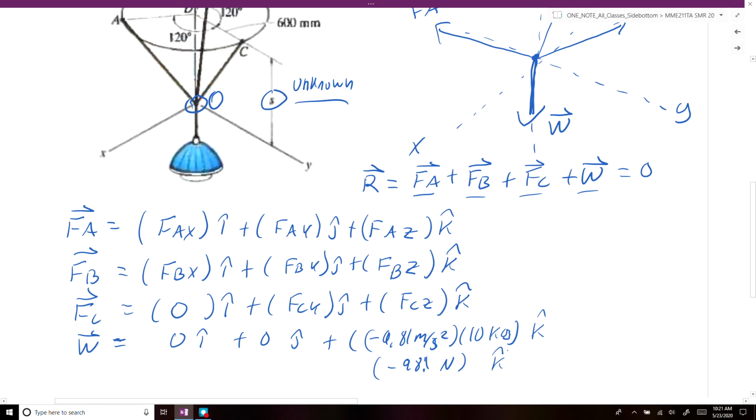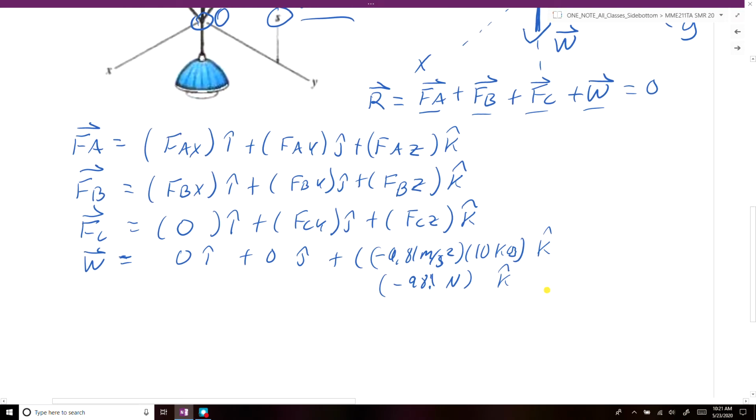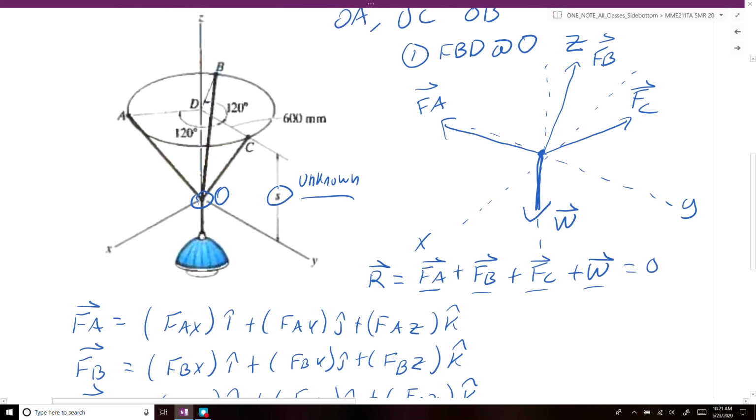Now we're going to make an assumption based off of the original diagram. All the cords are equally spaced, so you can see that they're all at 120 degree angles.